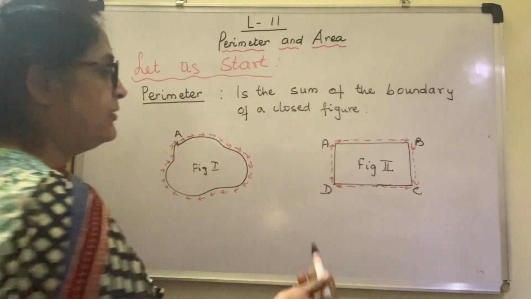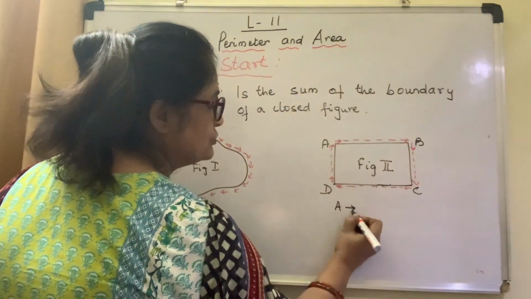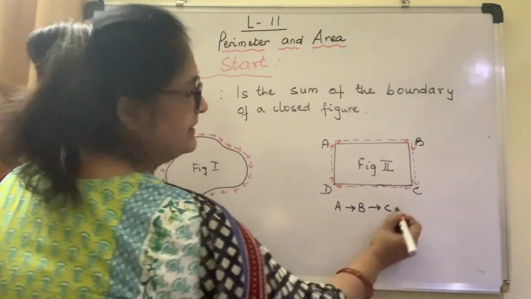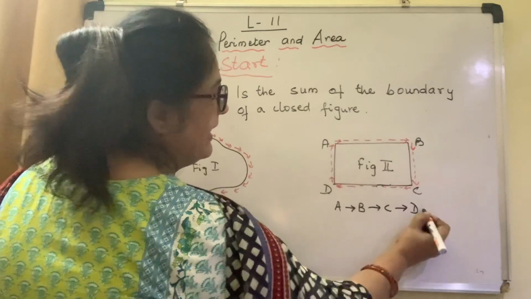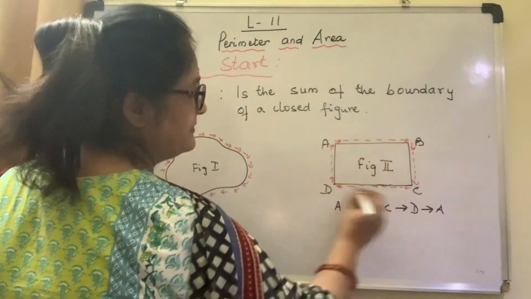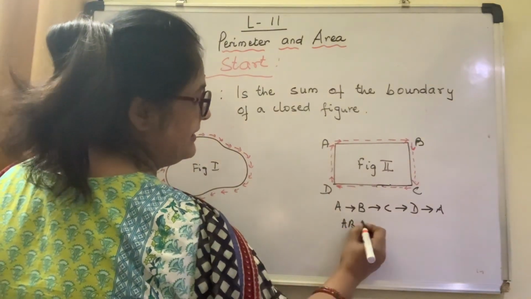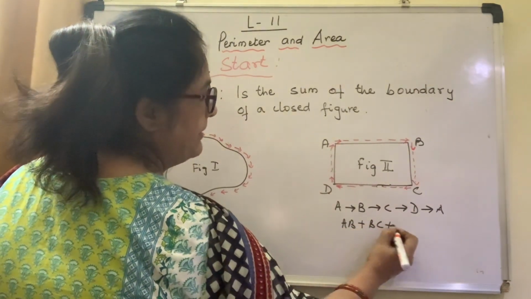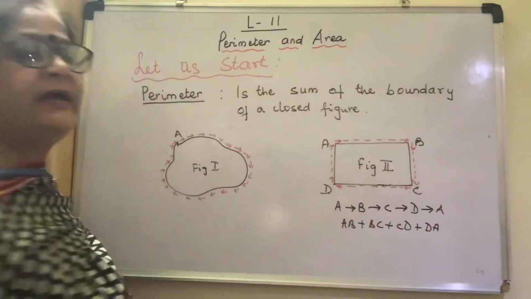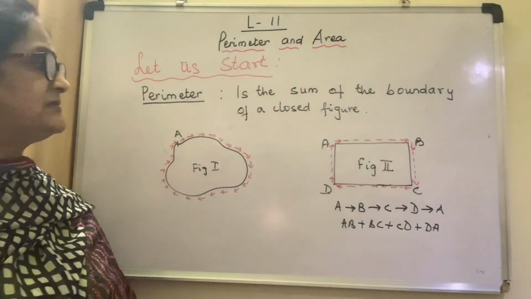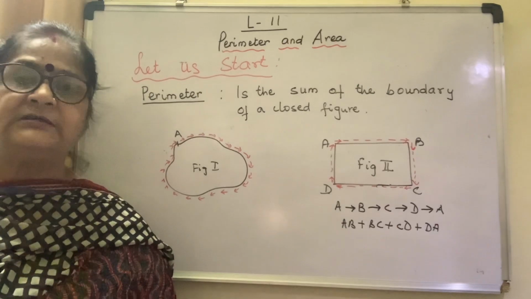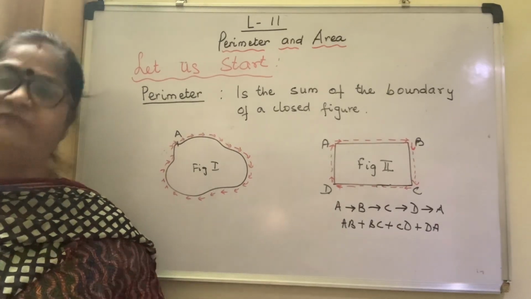That means I went from A to B, then B to C, C to D, and then back to A. So the distance AB plus BC plus CD plus DA is my perimeter. So the sum of the boundary is the perimeter of any figure.